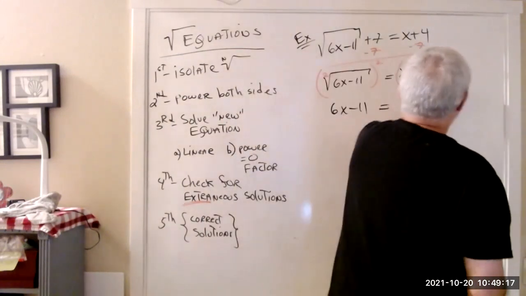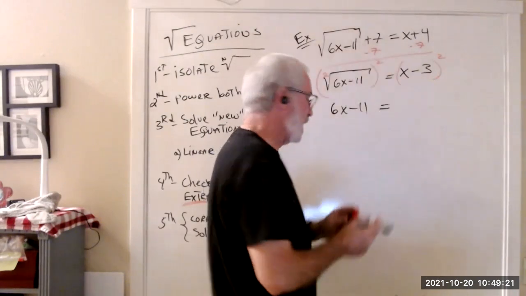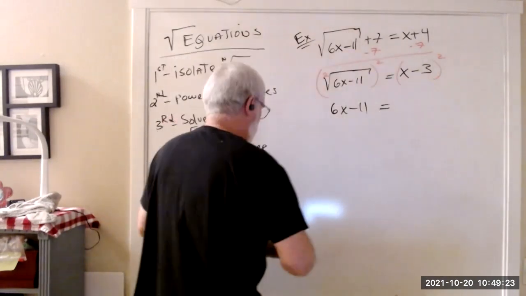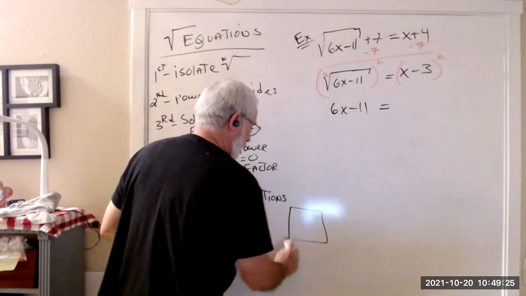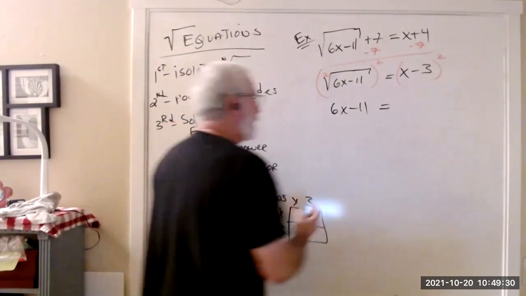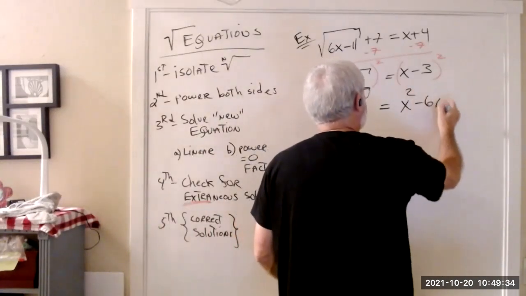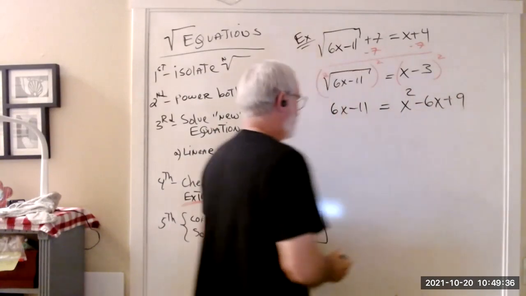So the only way to do this side, you're squaring the entire side, is to go off your scratch paper, set up a matrix, x minus 3, x minus 3, and if you set that matrix, you're going to get x squared minus 6x plus 9.